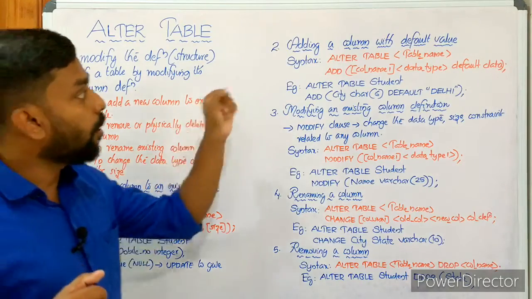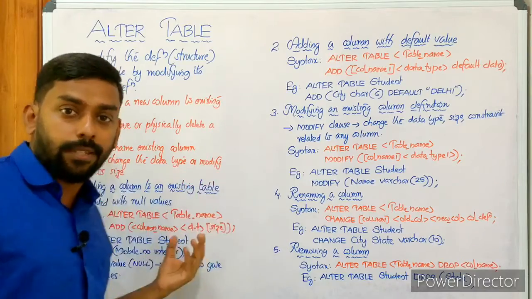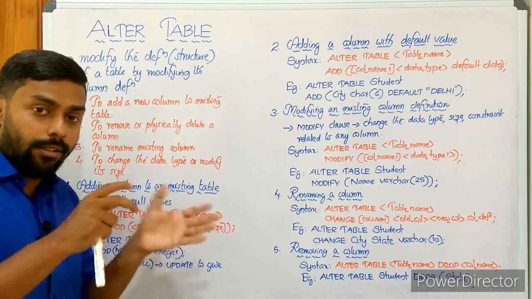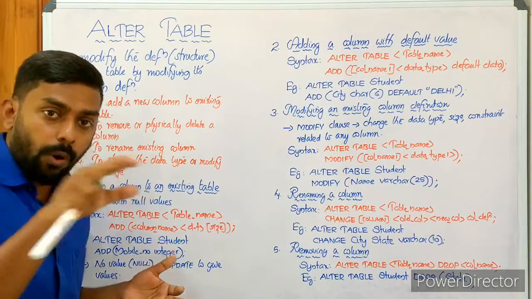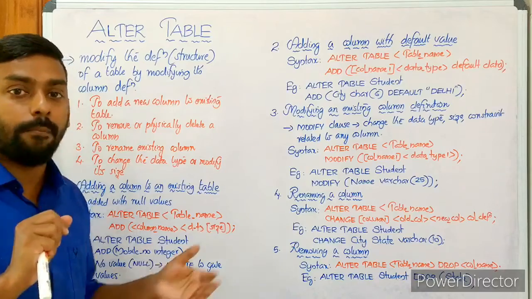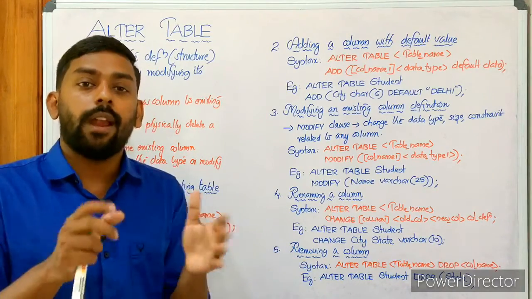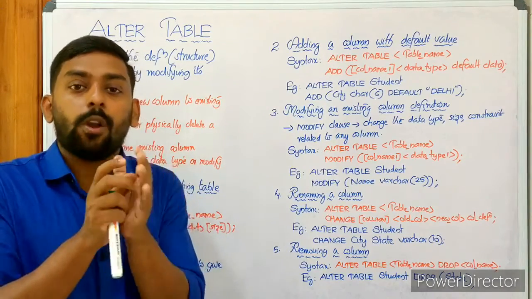Now let's look at the second, adding a column with a default value. We have seen that we haven't provided any value, so it contains null for all the rows in mobile number. But we can have a default value. Suppose we are adding a new column named school name. The school name will be common to every student.